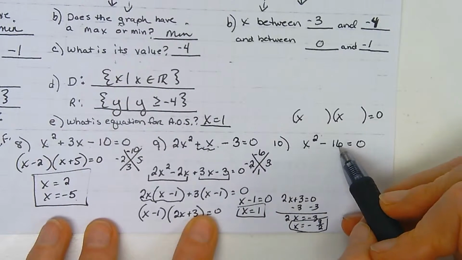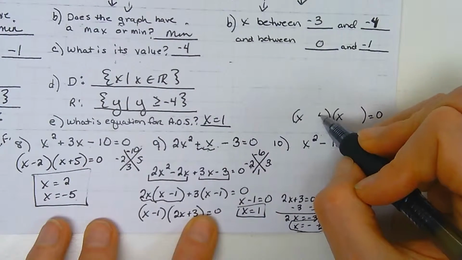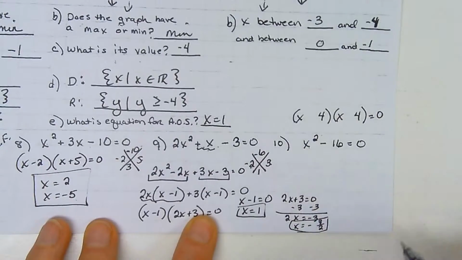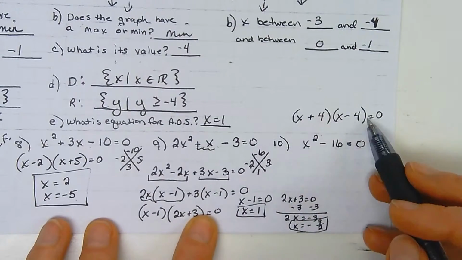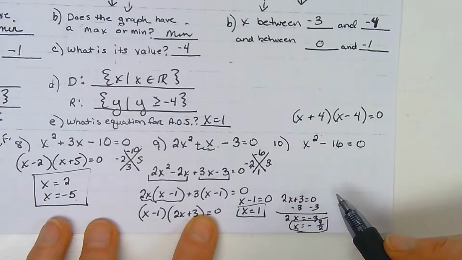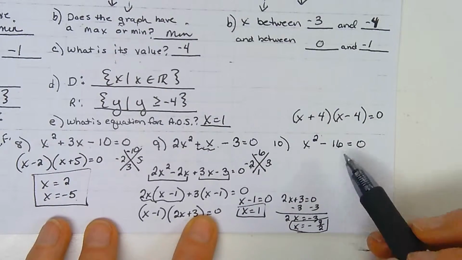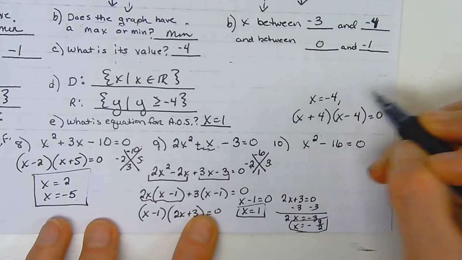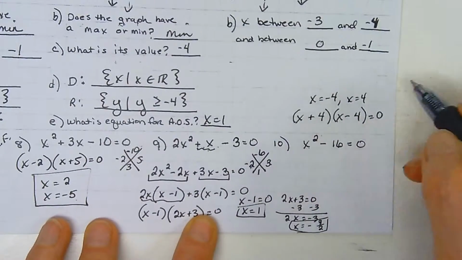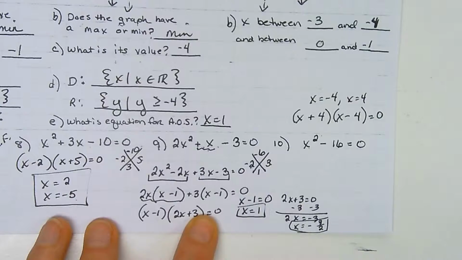And then take the square root of 16 and put that as the second term in each of these binomials. And then I make one a plus and one a minus. And it's factored. That's using the difference of two squares method. Now I can solve that: when x equals negative 4 and when x equals 4, then this whole equation will be 0. So those are my solutions.